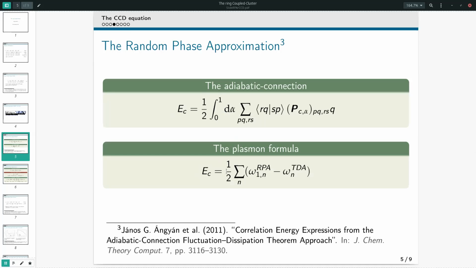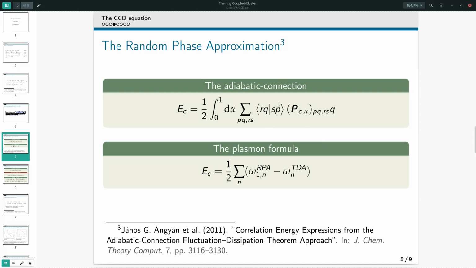If you start from the adiabatic connection, you get an expression for the correlation energy, and you are able to derive what is called the plasmon formula, the standard RPA formula.